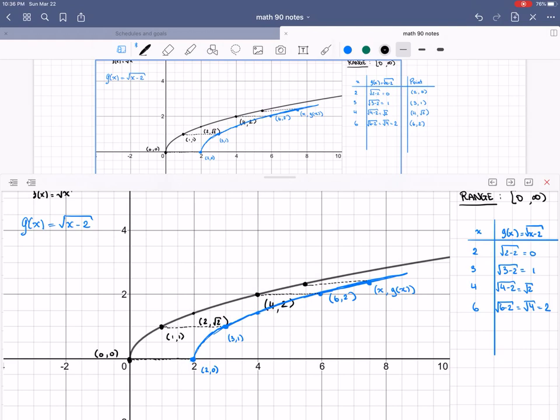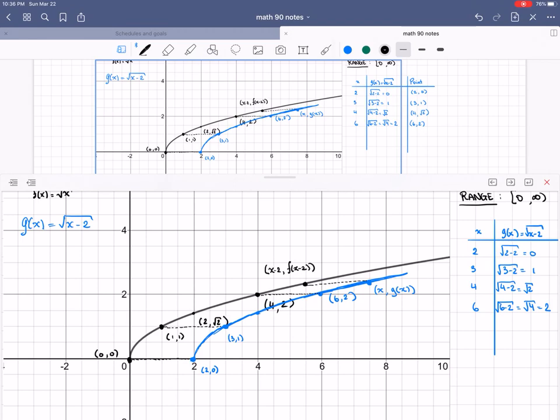There is the point on the graph of f, and I hope you can see the x-coordinate is 2 units less. We went over 1, 2. So the x-coordinate is x minus 2. Now, this is a point on the graph of f. Every point on the graph of a function is an input-output pair. So the y-coordinate is f of x minus 2.